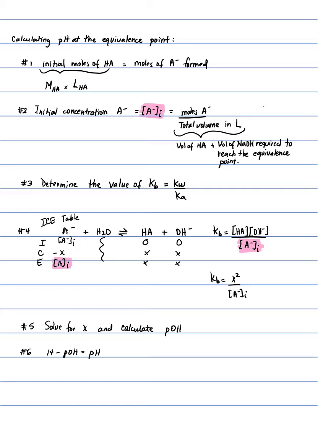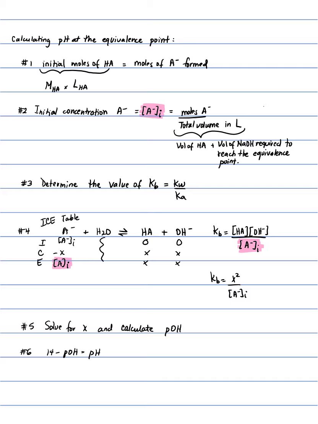Now to get that total volume in liters, we have the volume of your sample of acid, which in this example was 20 milliliters, and then the volume of the base that you need to add to your sample to reach the equivalence point, which is what we calculated in letter A. You calculated that to reach the equivalence point, where you have the same number of moles of acid and hydroxide, you needed 16 milliliters.